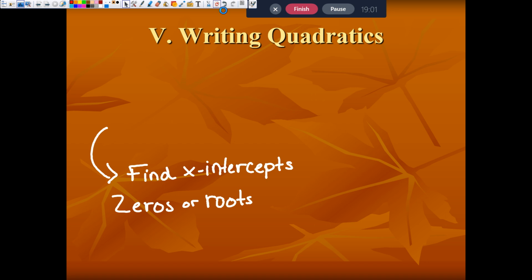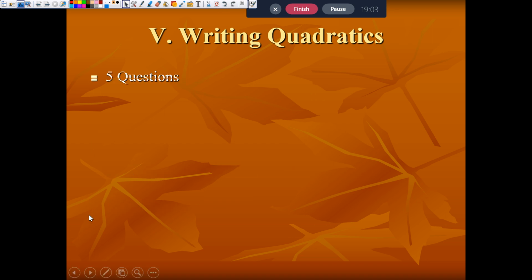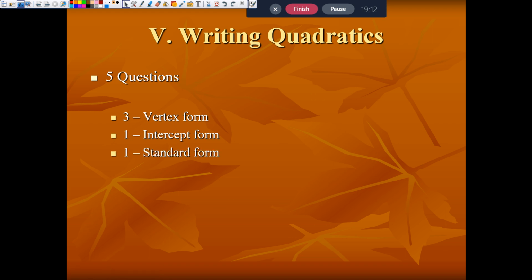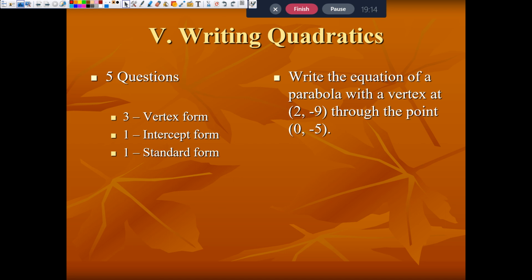We are going to have 5 questions on writing quadratics: 3 in vertex form, 1 in intercept form, and 1 in standard form. So this one says to write the equation of a parabola with a vertex at 2, -9 through the point 0, -5.